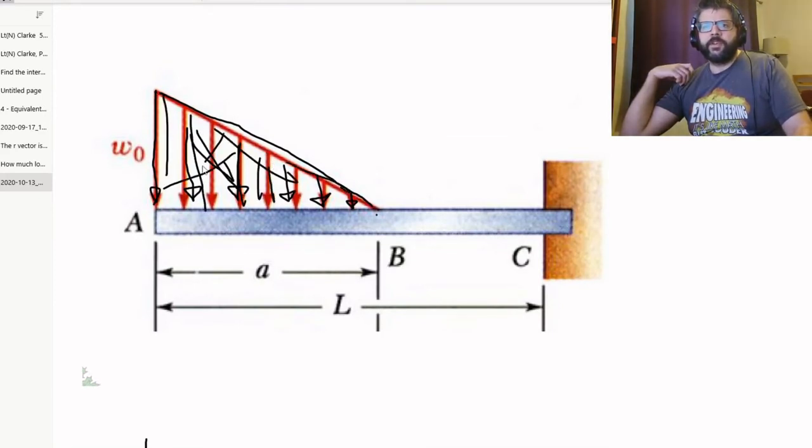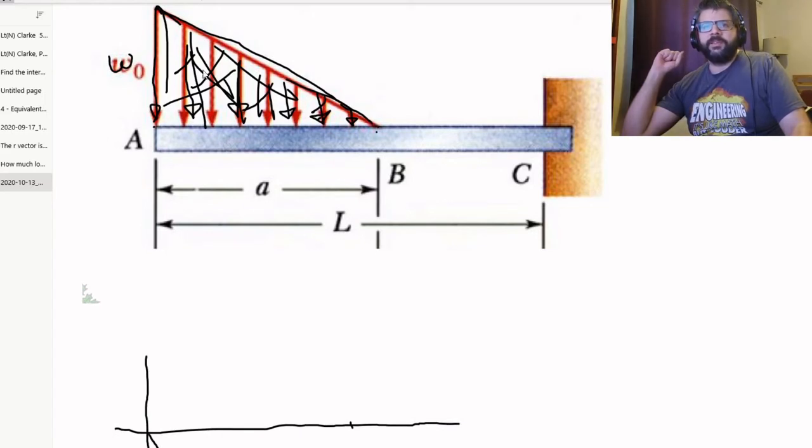of this section here. So again, we get the change in the shear by integrating the distributed load over the span of which the distributed load has.